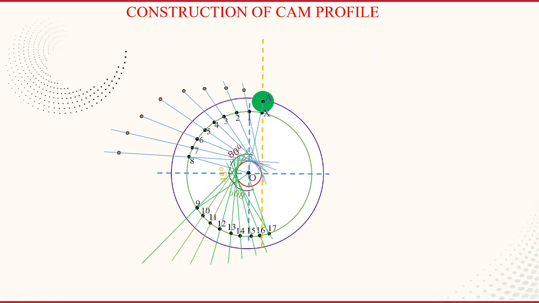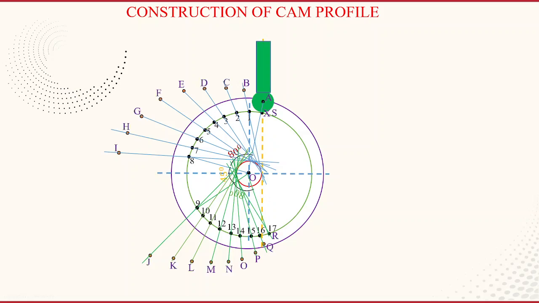Now again from the displacement diagram, we can mark the points on these lines. Now these points are there. Now we can assign the names given in the displacement diagram. Same names you can assign to all the points.